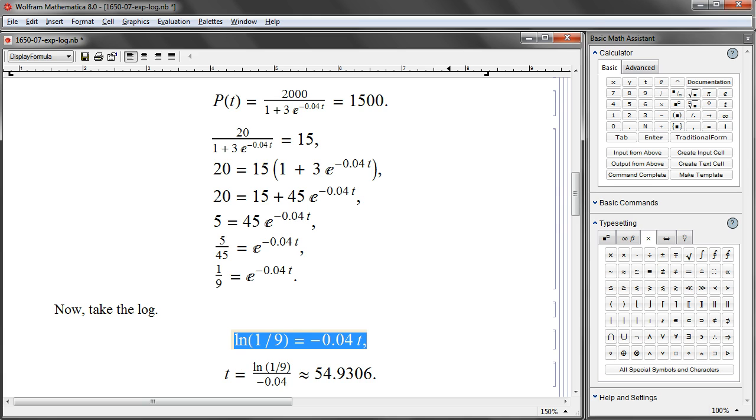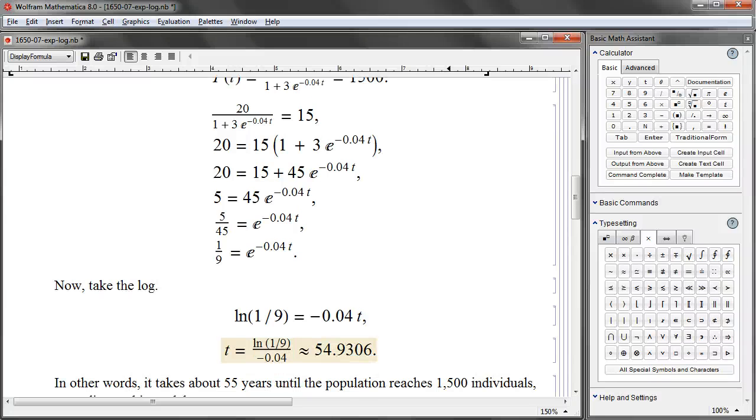Exponential and log cancel each other out, so we only have negative 0.04t. So divide away negative 0.04, and what do we get? Log of 1/9 over negative 0.04, calculate out, and we have 54 point something. So it's going to take about 55 years until the population reaches 1,500 individuals according to this model.